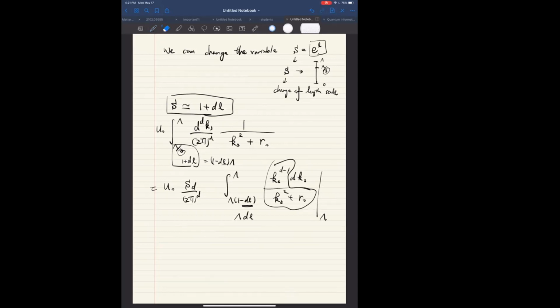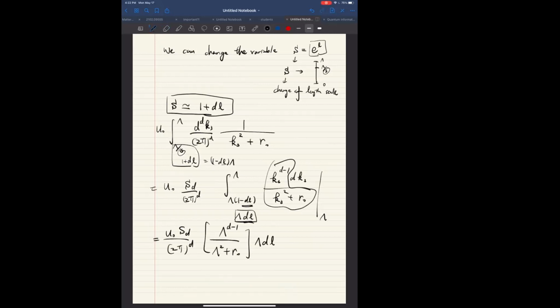So this is nothing but u naught S_d over 2 pi to the d, times lambda to the d minus 1, lambda squared, where k is evaluated at lambda, plus r naught. The rest is the small difference, d times dl.